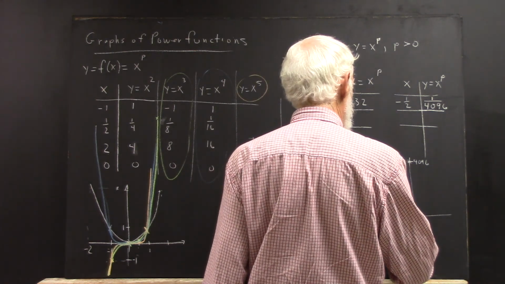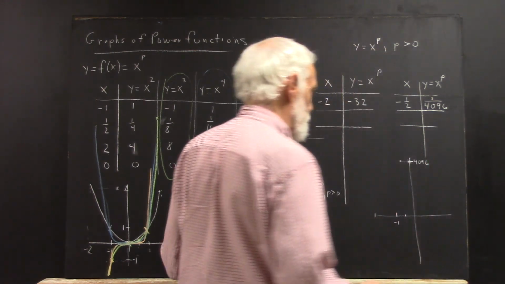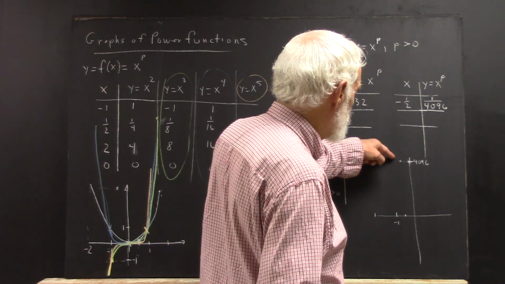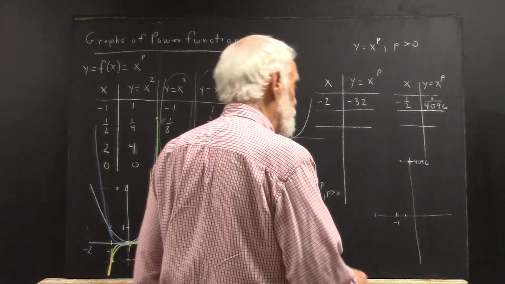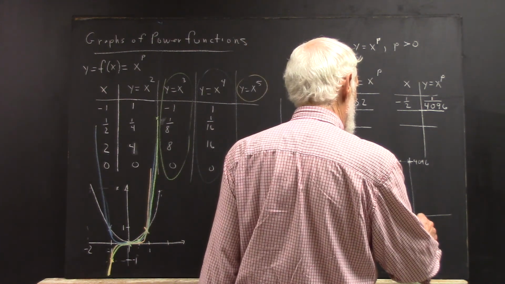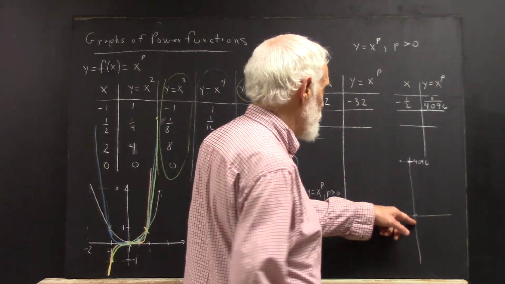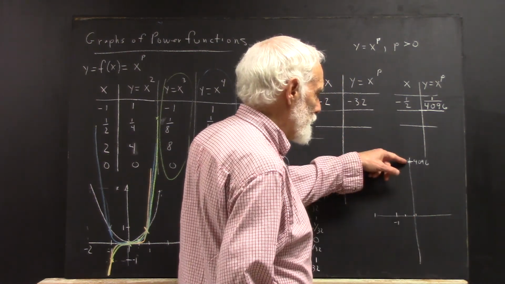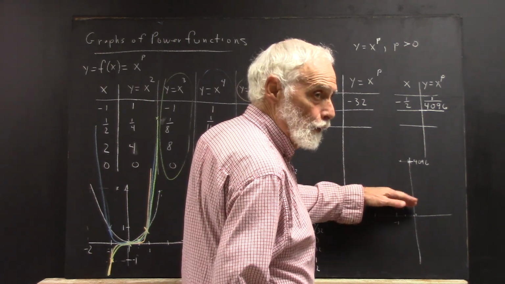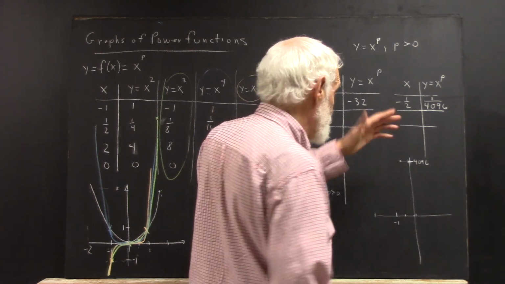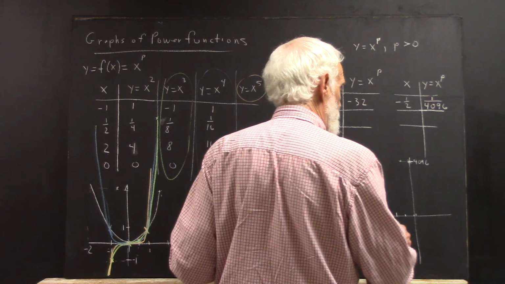At negative 1, it's going to be what? Well, this is positive. At negative 1, it's either positive or negative 1. So it's going to be 1. Now, 1 is going to be very close to the axis, much closer than I can draw it, because you divide this up into 4,096 parts, and you're not even going to be able to see between them.